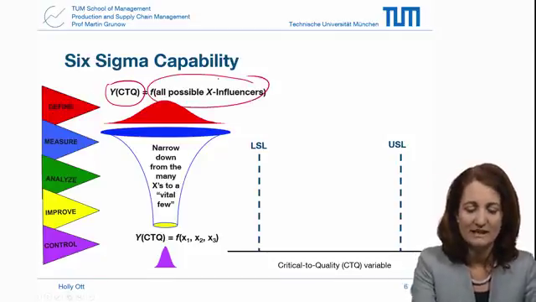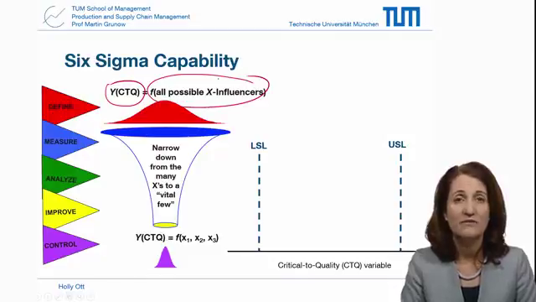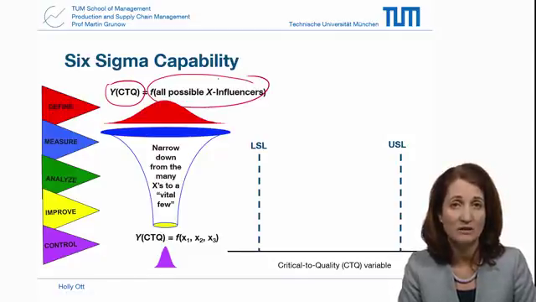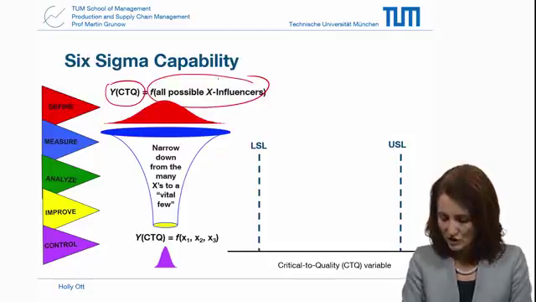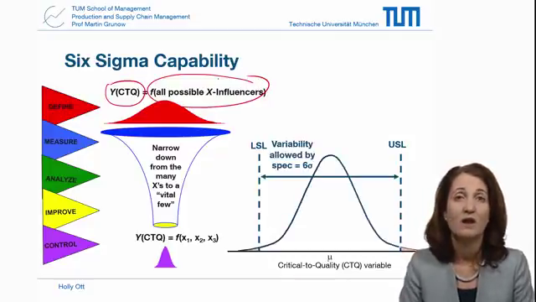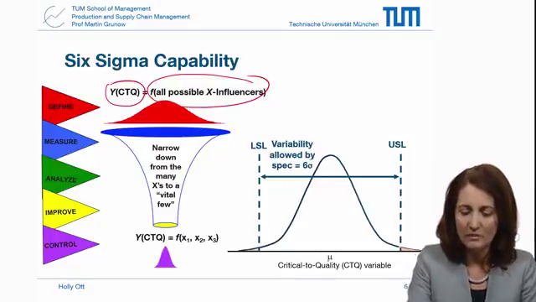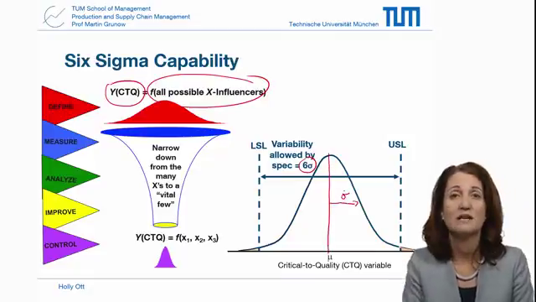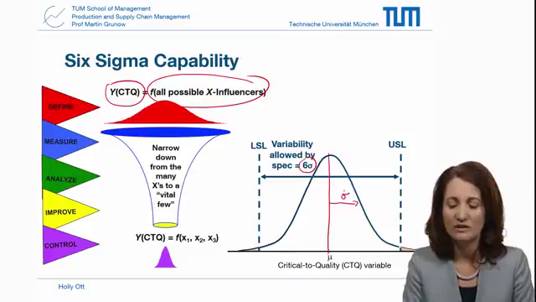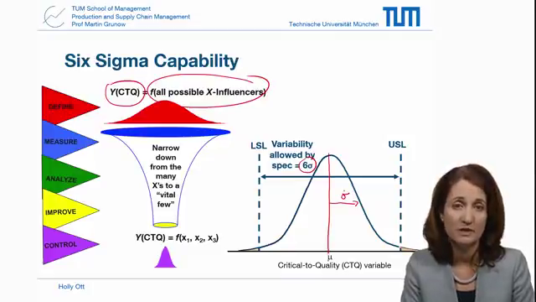We call these the X influencers. And then, following our DMAIC cycle, define, measure, analyze, improve, and control, we would measure the variability of our critical to quality parameters. And this was represented by Six Sigma, 6 standard deviations of that normally distributed parameter.